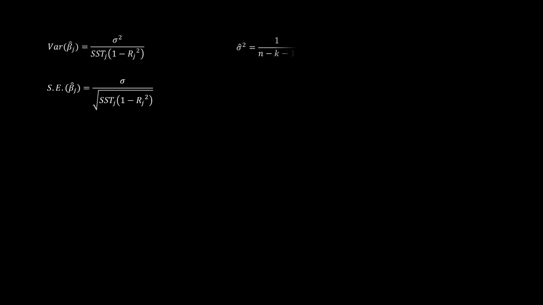We can also define standard error on beta estimates as the square root of their variance. But we don't observe sigma, we estimate it. So plugging in the estimate for sigma, we get the estimated standard error for the beta coefficient.